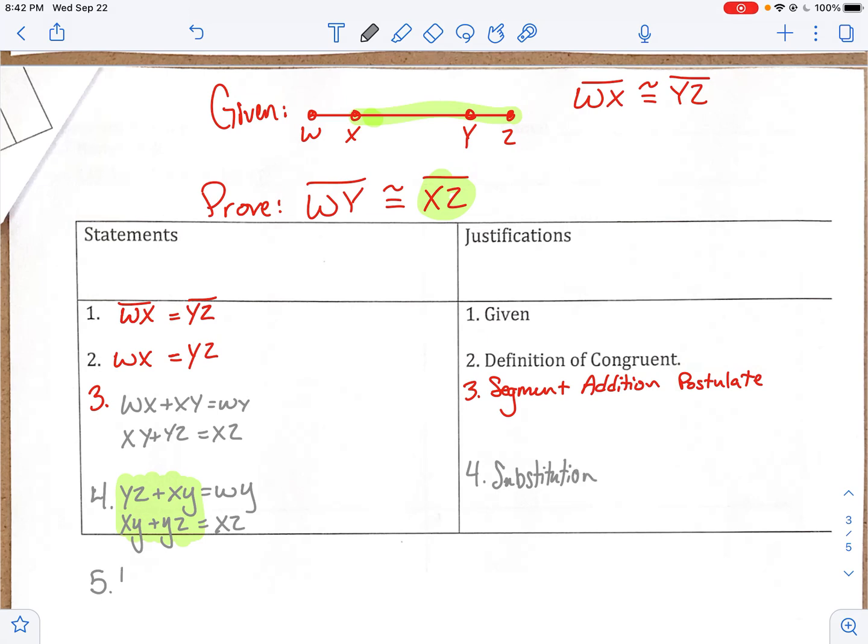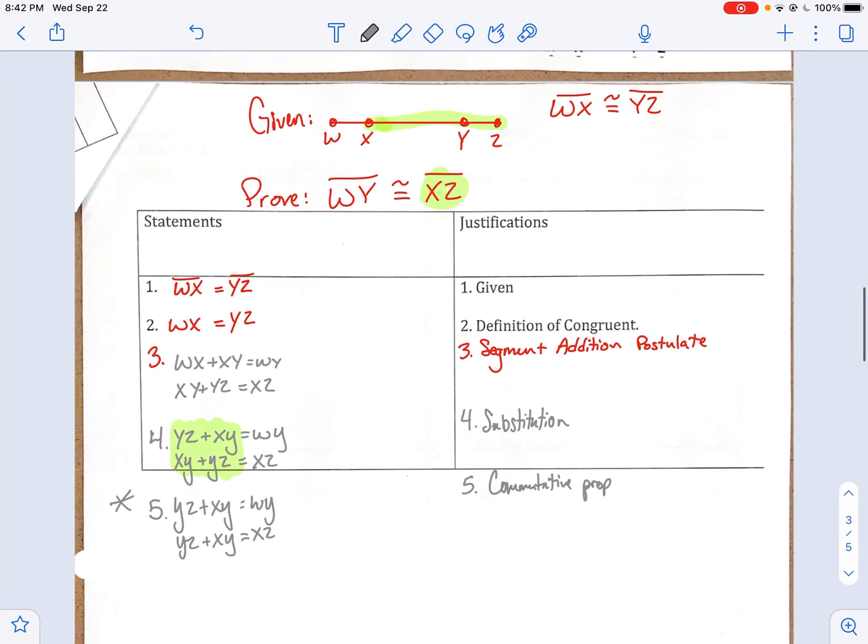Now, what you could do is you could say, well, YZ plus XY equals WY. If you want to get really technical, YZ plus XY equals XZ by the commutative property. But at least in our class, for right now, that is optional.